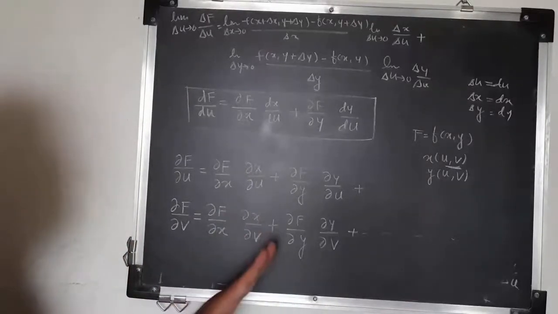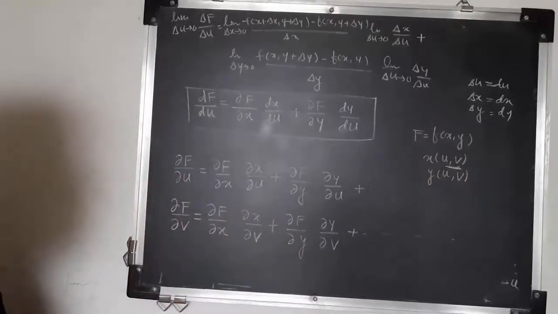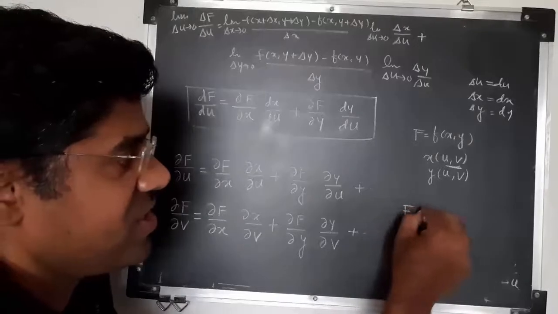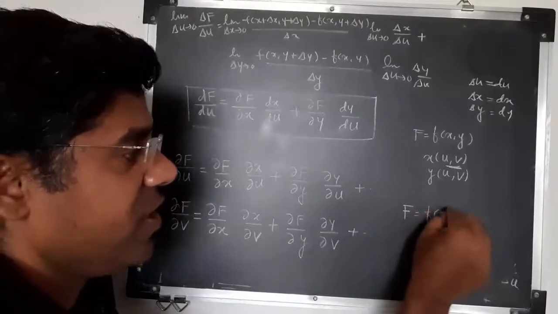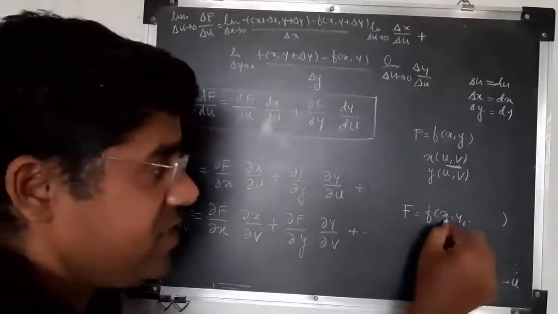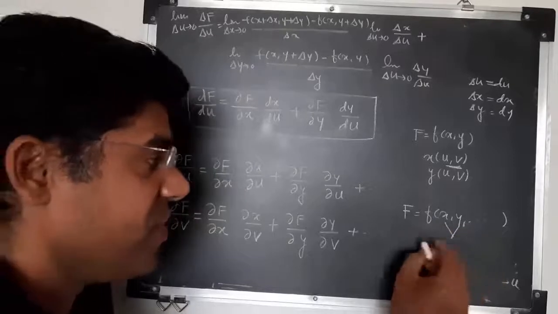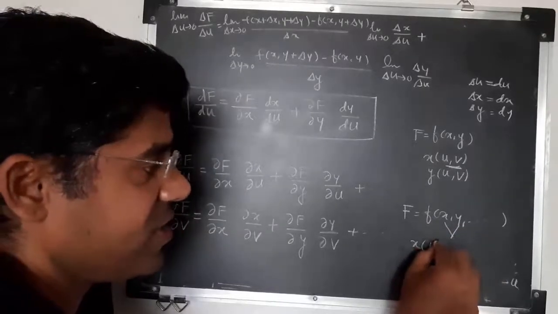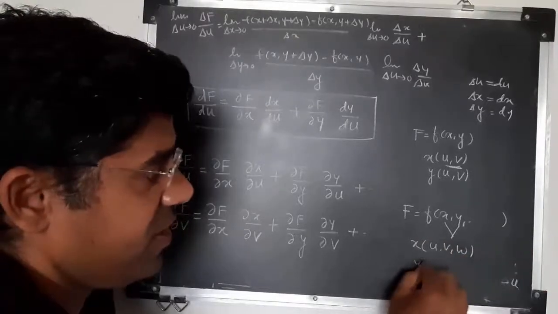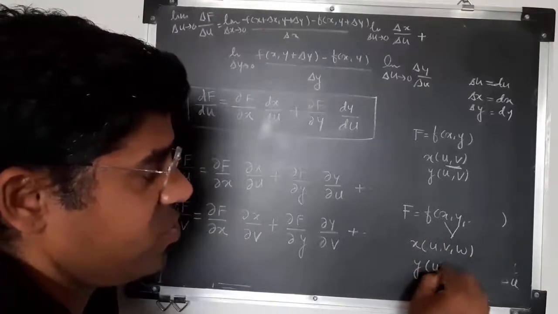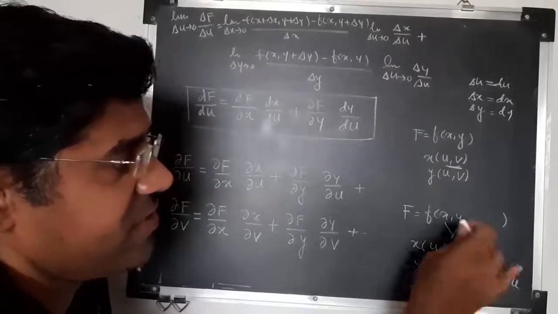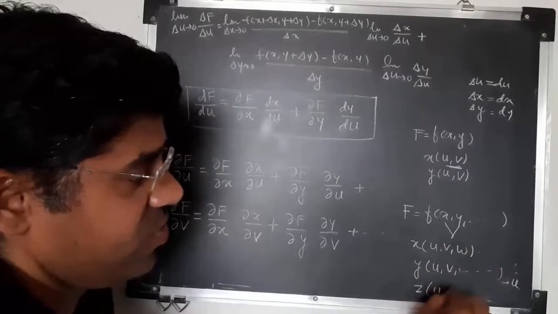So this is about your chain rule. This is a very simple thing. You are given a function that is, say, a function of x, y and z, and these independent variables are again functions of other variables, like u, v, w. Likewise y is again a function of u, v, w, and suppose you take a third variable z, which is again a function of u, v, w.